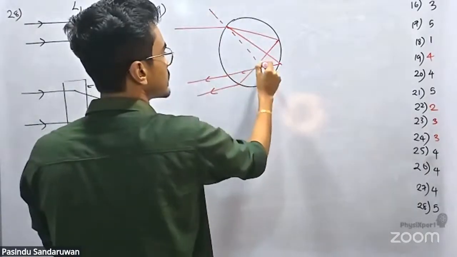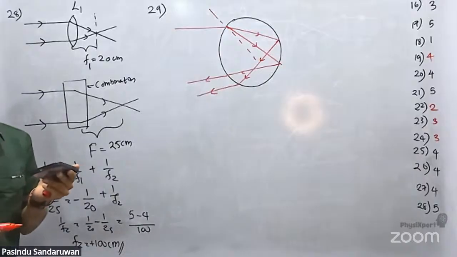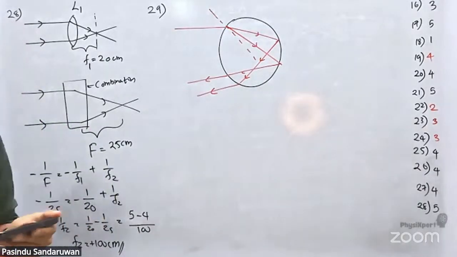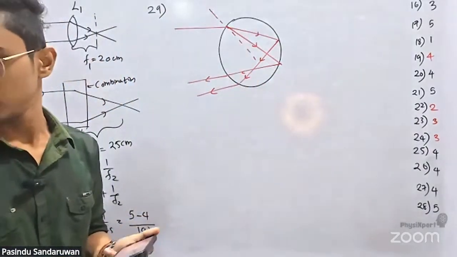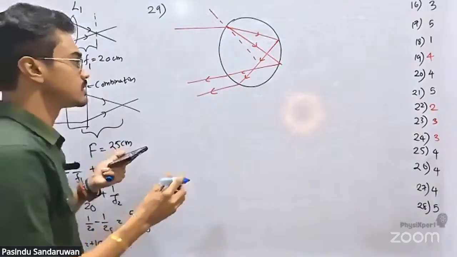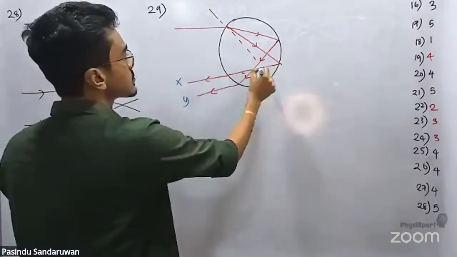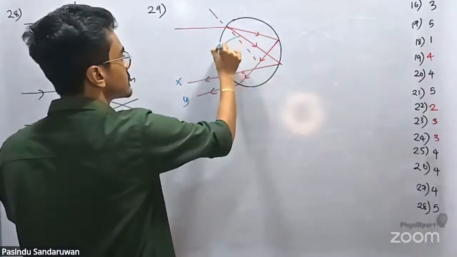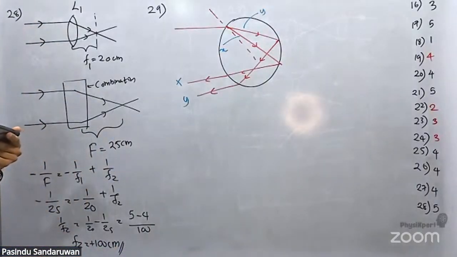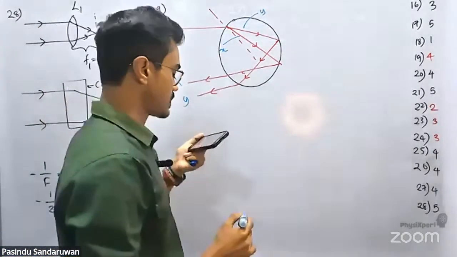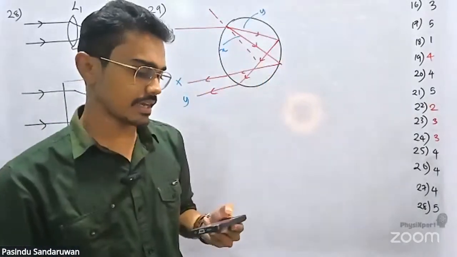If this is X, then this is Y. Right, X can be red and Y can be blue.